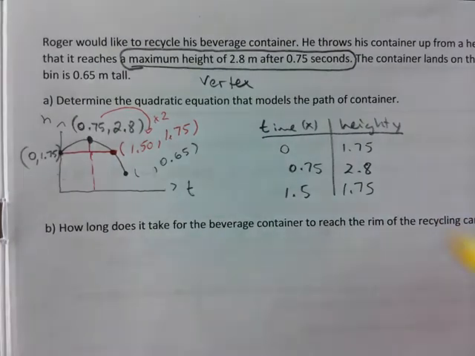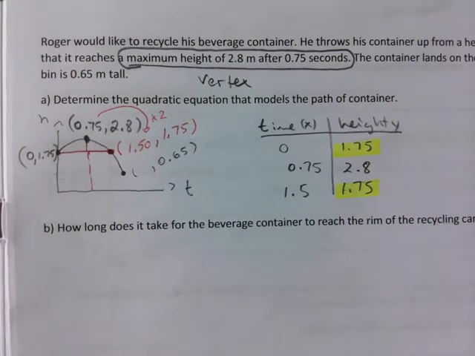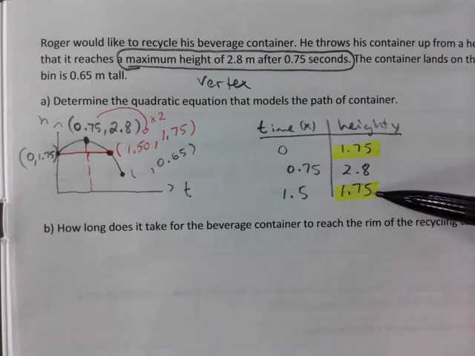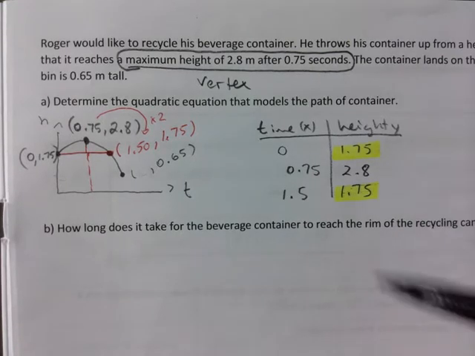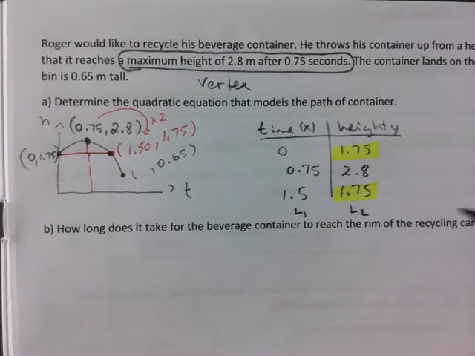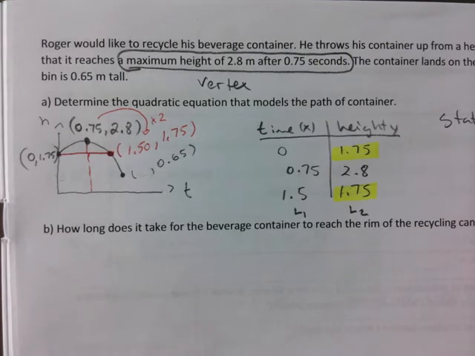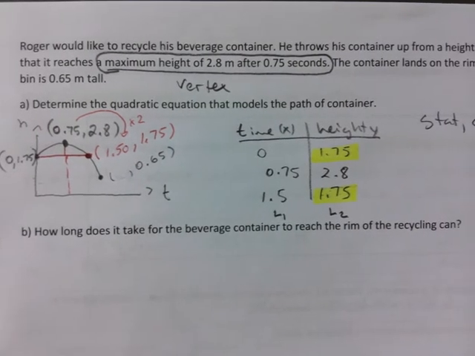And this is exactly what you want happening there. You want to get back to that initial height. Type this into L1, L2, and we're going to go stat, calc, 5.